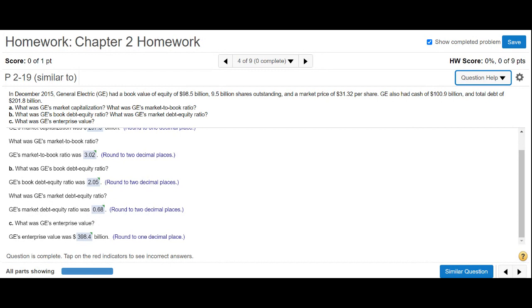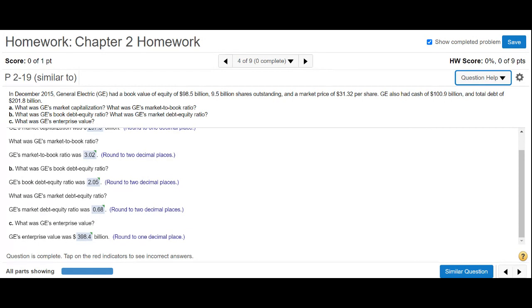The market to book ratio can't be 10, because if you're looking at the market and the book value, when you do the division, it can't be 10 times.